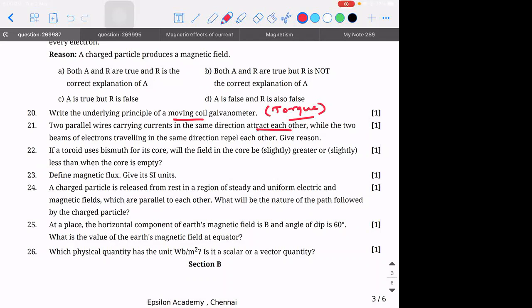Two parallel wires carrying currents in the same direction attract each other because a magnetic force comes into the picture. You can just mention the reason as: the first case is magnetic interaction, the second case is electrostatic interaction. That's the reason.